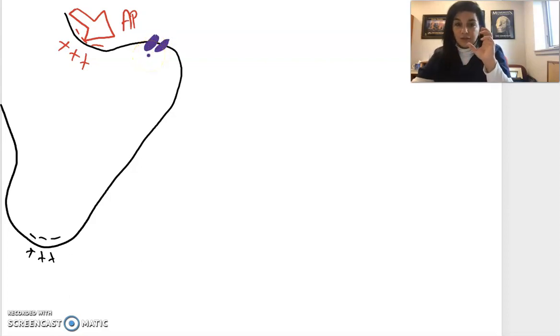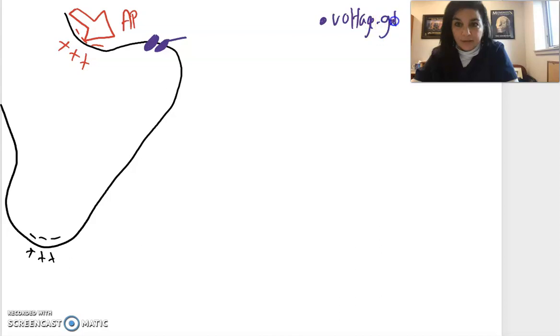If there's a voltage change from the resting membrane potential to a depolarized membrane, a gate opens up to allow the passage of ions across this channel. So in purple, we have those voltage-gated channels.